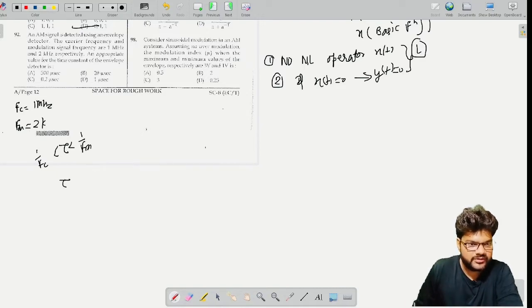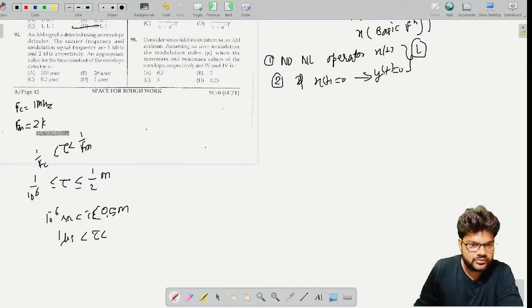So tau will be 1 by fm, that is 1 by 2 kilohertz, whose reciprocal will be 0.5 millisecond. And 1 by fc is 1 by 10 to the power 6, so 10 to the power minus 6 second. So the range is 1 microsecond to 0.5 millisecond, and our time constant for the envelope detector should be in this range.